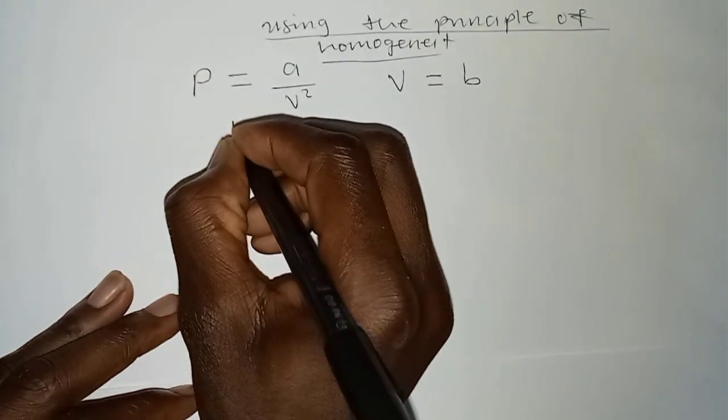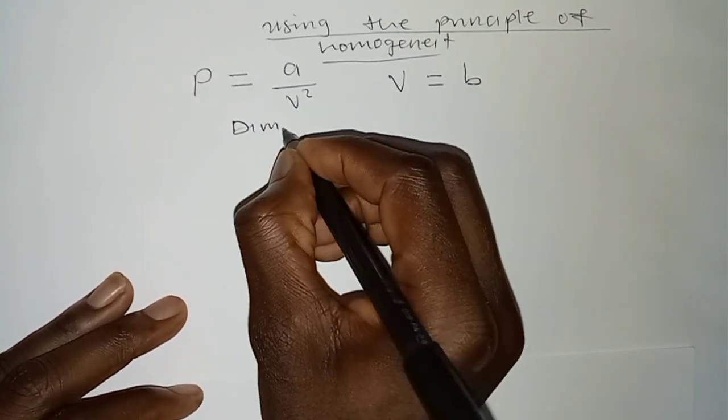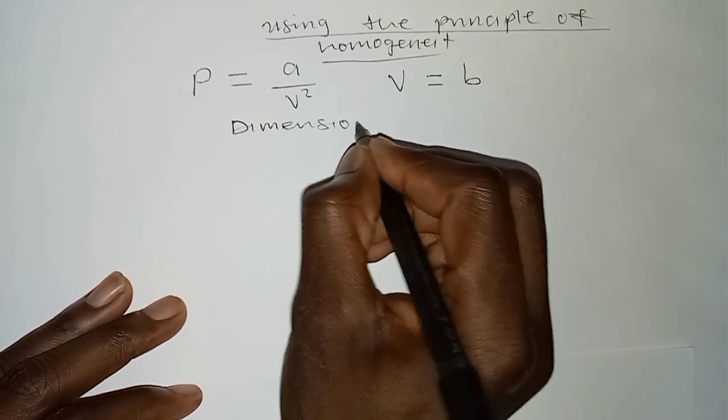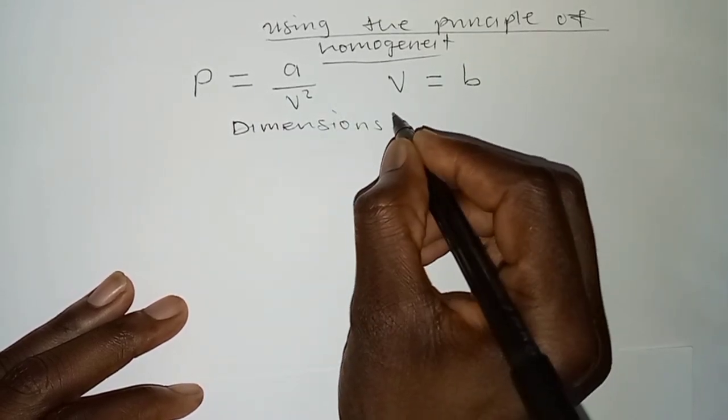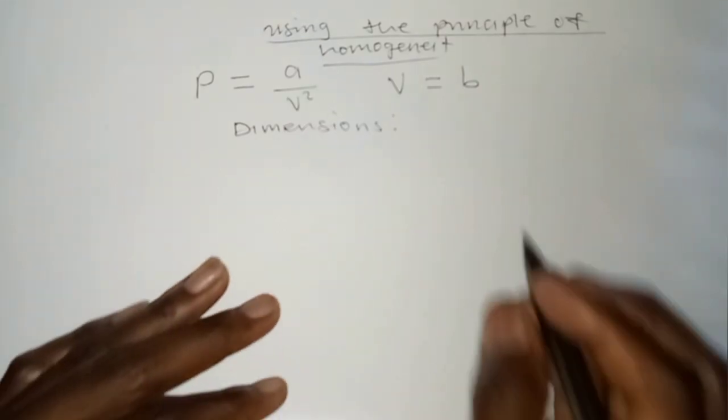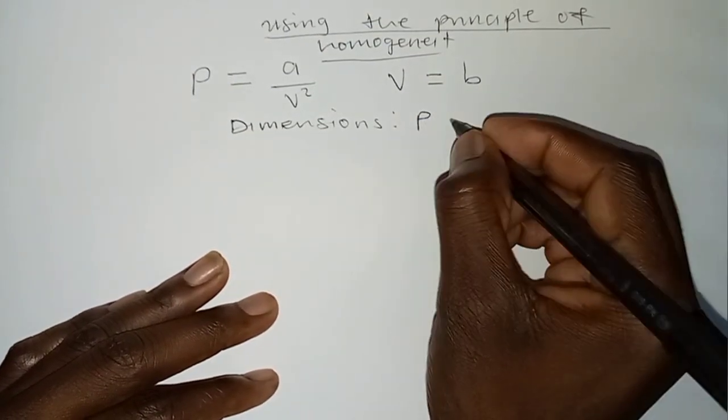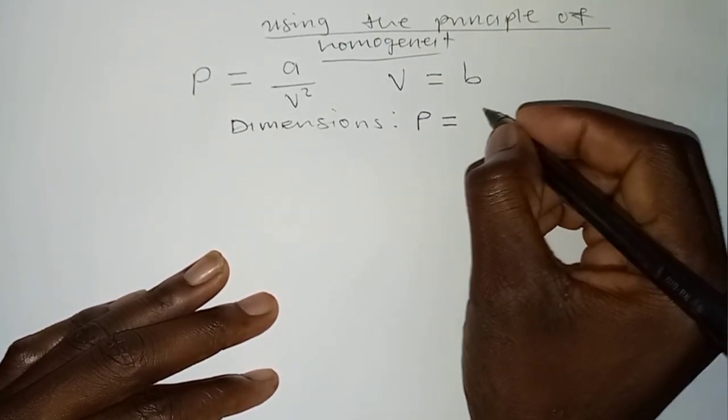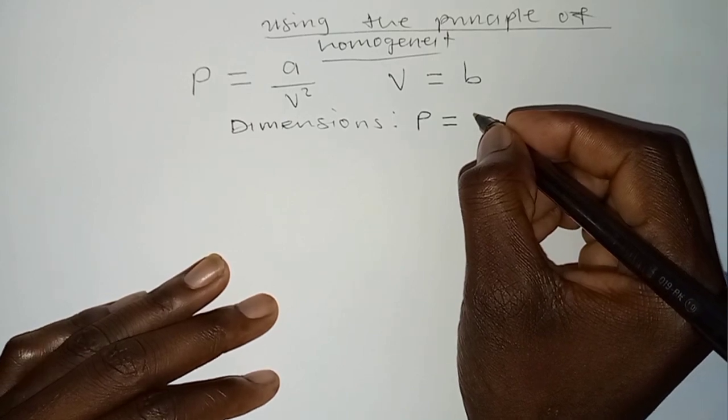So let me try to get the dimensions here. What are the dimensions in this case? We need to start with pressure. Pressure is measured in force per unit area.